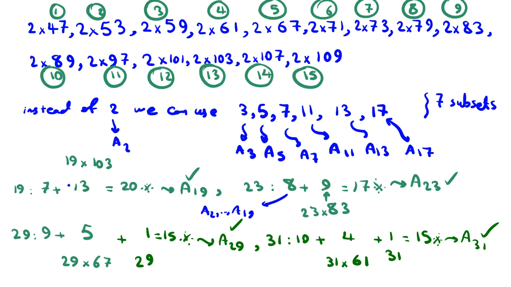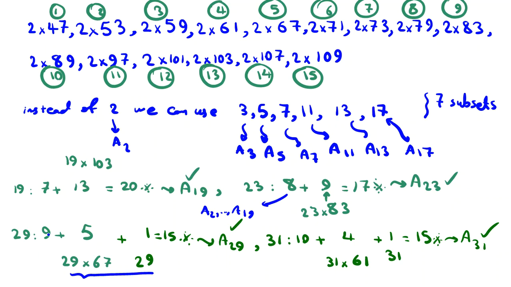For 29, until A23, I have 9 subsets. If you consider 29 times, and the last one that is possible is times 67, so 5, 9 plus 5, 14. You can see that 29 cannot be in any of these 5 subsets, because if you consider 29 in any of them, 29 times 47, the GCD of 29 and that number is 29, and because the GCD is 29, all the numbers in that subset must be multiples of 29.